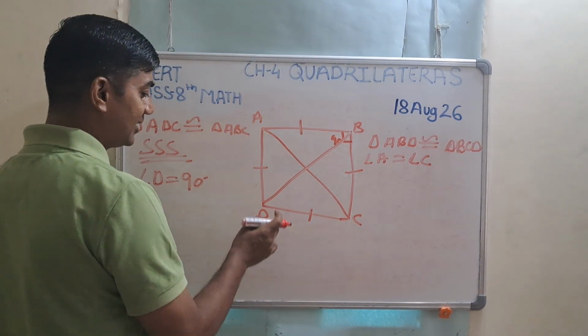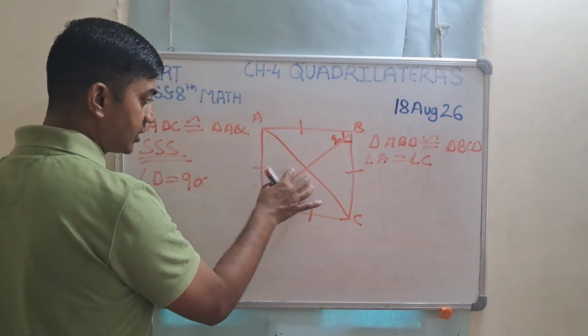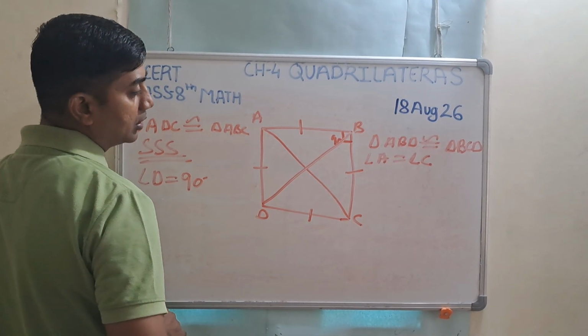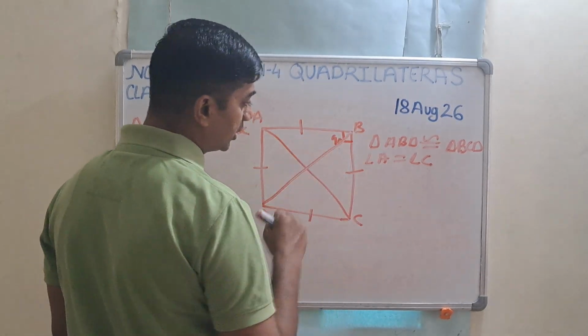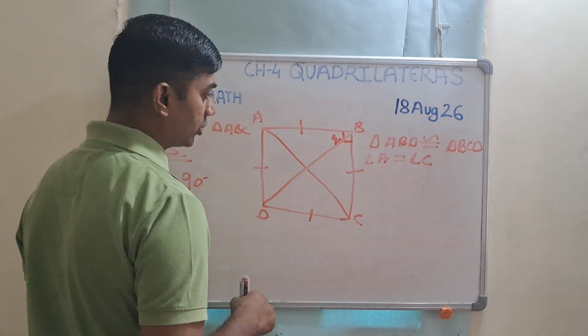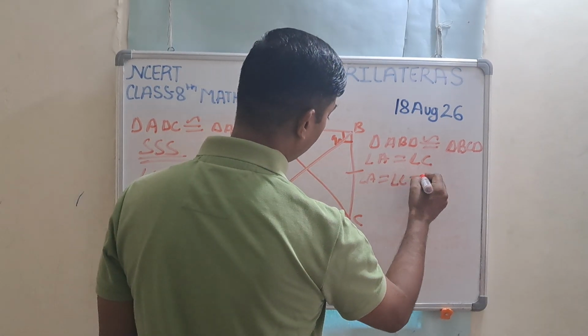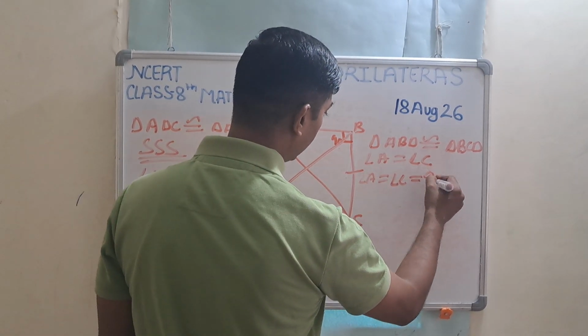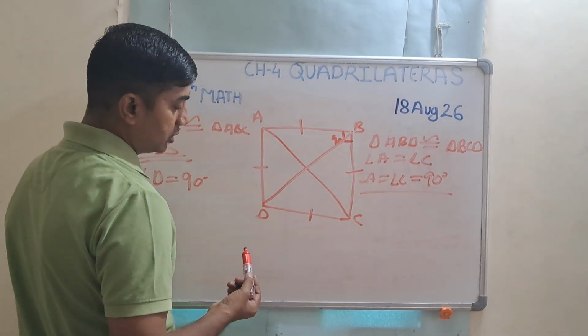And what more? Since this is 90 degrees and this is 90 degrees, the total is 180 degrees, and the rest of the angles total 360 minus 180 degrees, and these both are equal. It means angle A is equal to angle C is equal to 90 degrees. Understood?